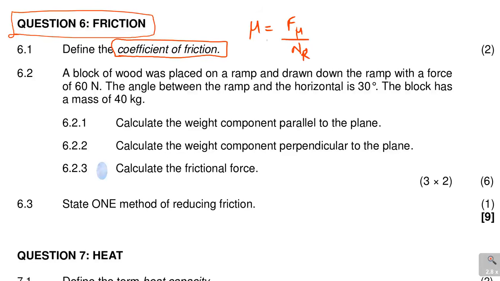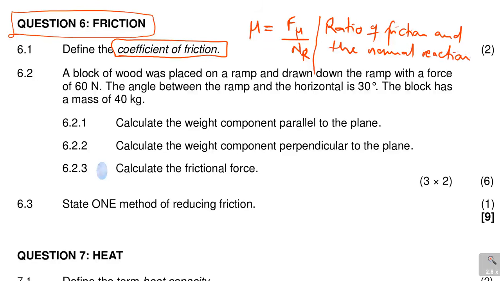Now, this is what will give me the definition of the coefficient of friction. You can say it is the ratio, because F mu over NR, that is a ratio. So it is the ratio of friction and the normal reaction, because NR is the normal reaction to the surface.